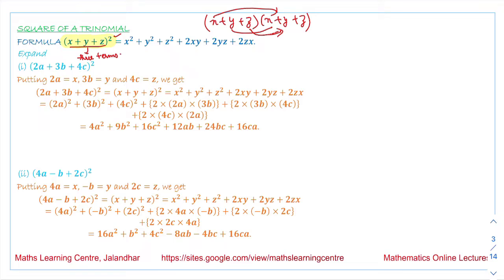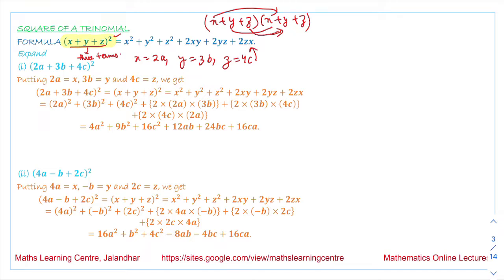First, we have to expand (2a plus 3b plus 4c) whole square. Here x is equal to 2a, y is equal to 3b, and z is equal to 4c. Just substitute these values in this formula.